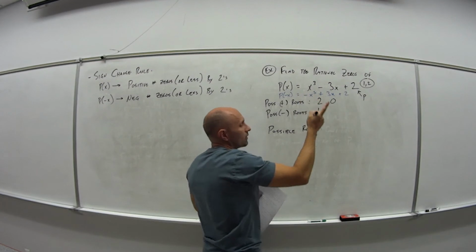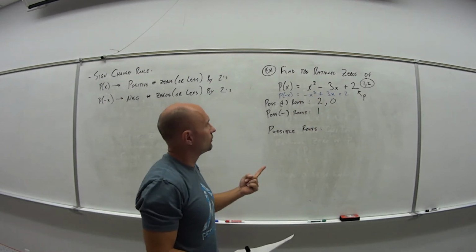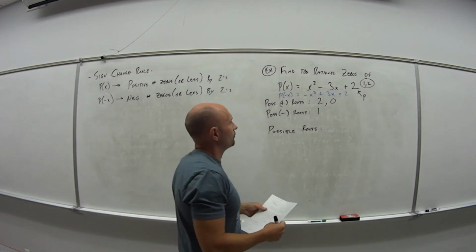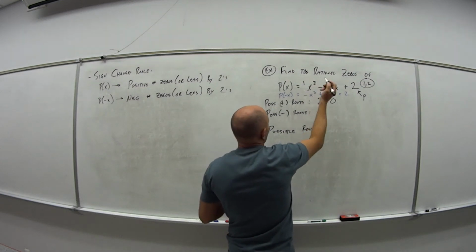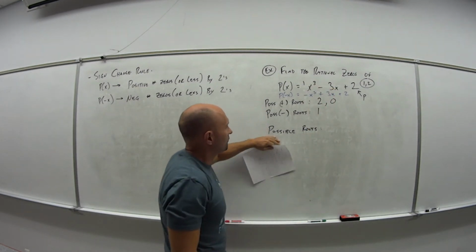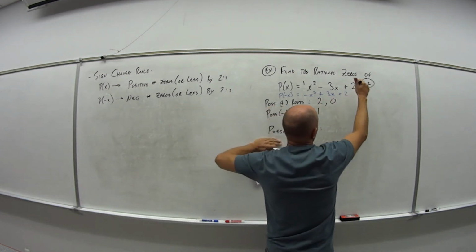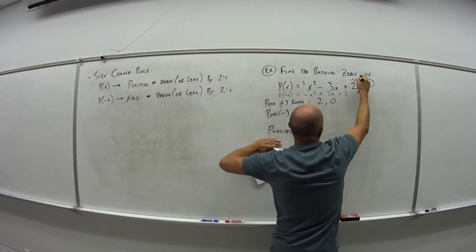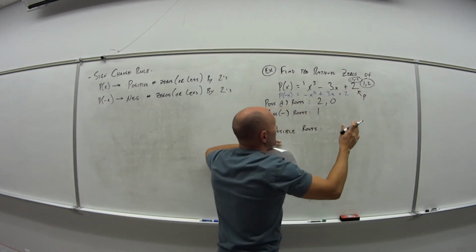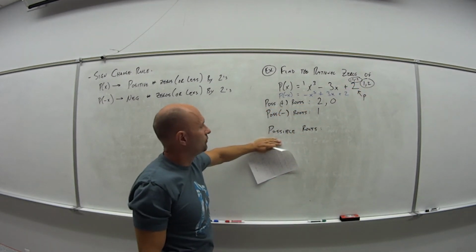And here, my coefficient of the highest degree term is 1. Well, what are the factors of 1? It's just 1 and 1. So the possible roots are what? It's plus or minus, because 2 could also be negative 1 times negative 2, which also gives me a positive 2.